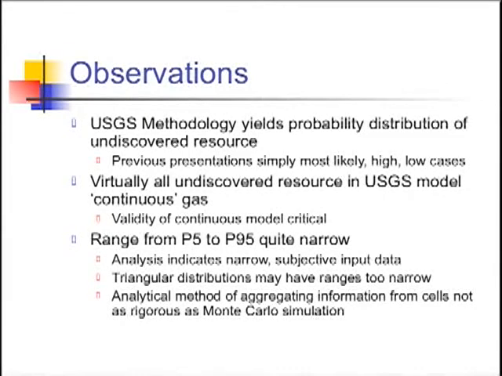Well, this is where our study team thinks it may have been able to make some contributions. We had access to all the data that the USGS used, and we've had a lot of cooperation from USGS. Our look at their analysis indicates that the input data into the study, things like what's the area of the accumulation unit itself, are pretty narrow typically for the various accumulation units.